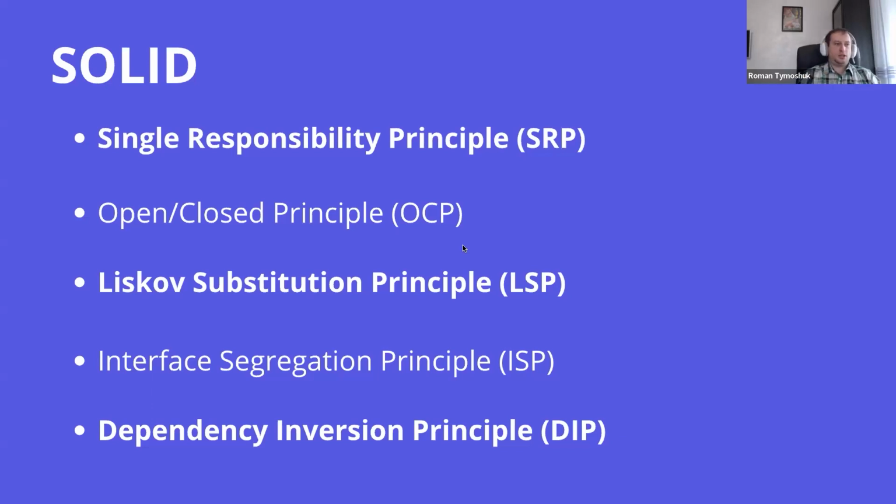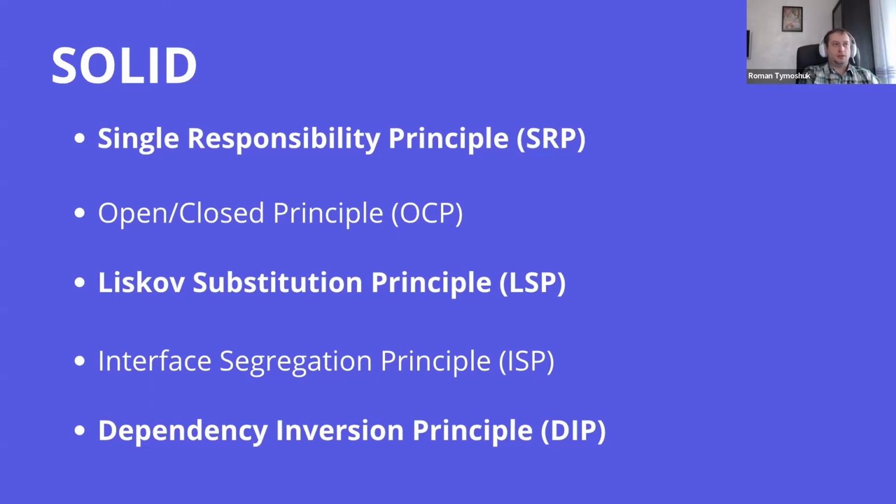Quick example, you have a chat. A chat may have different actions like send message, receive message, delete message, and react to the message. You can provide an interface with this set of actions.